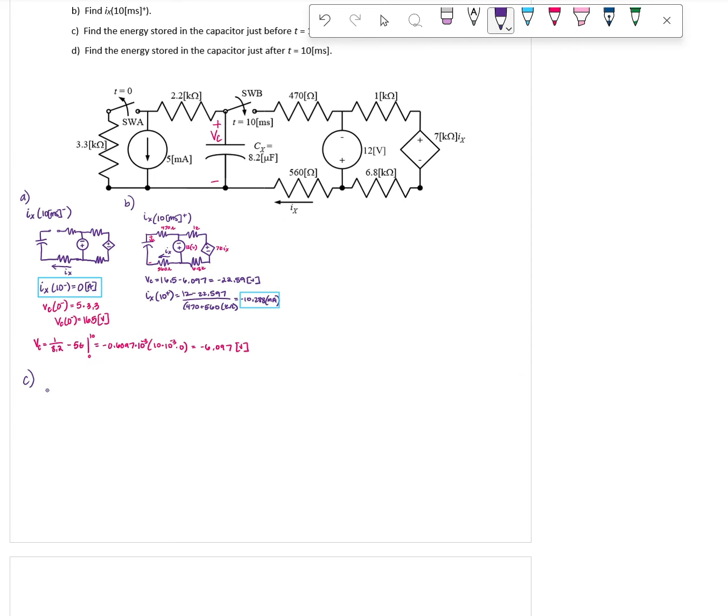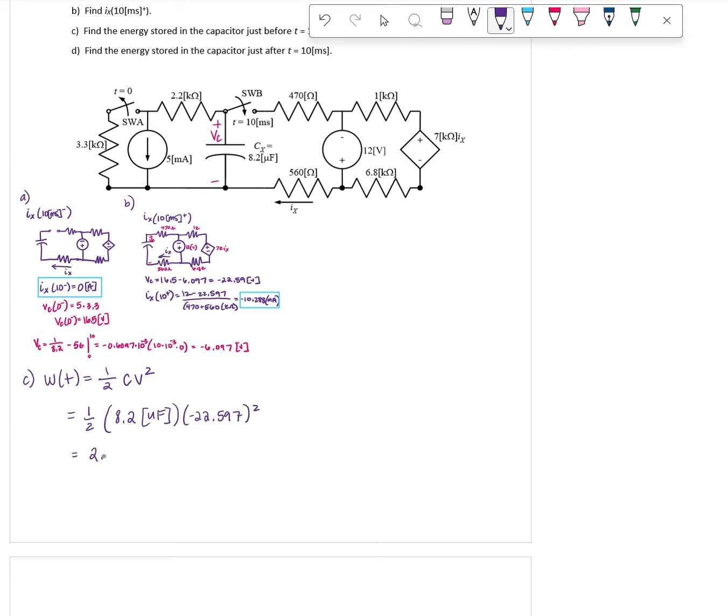So in order to find the energy stored in the capacitor before t equals 0 and after t equals 0, I'll be using the energy formula, which is 1/2 times C times V squared. So we'll have 1/2 times 8.2 microfarads times the voltage of the capacitor that we found, negative 22.587 volts, squared.